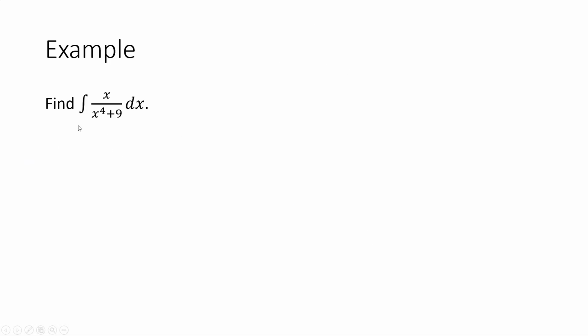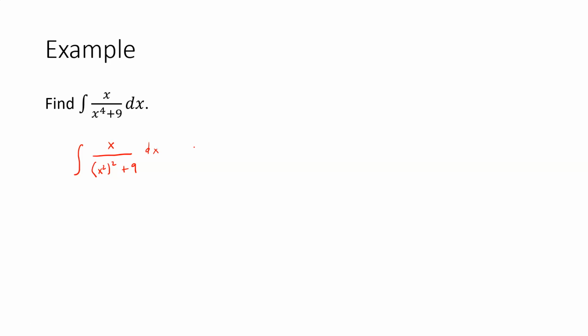Here, let's see how we can manipulate this one a little bit. We've got the integral of x over x to the 4th plus 9. Looking at it, it's not quite in a form where we can use that tangent inverse formula, but maybe we can play around with it to get it into that form. For instance, I'm going to rewrite x to the 4th as x squared squared, because now if I substitute x squared, we can get rid of the x up here.